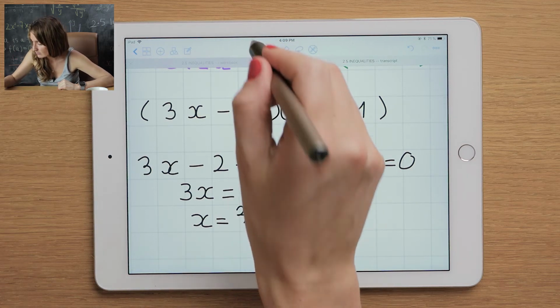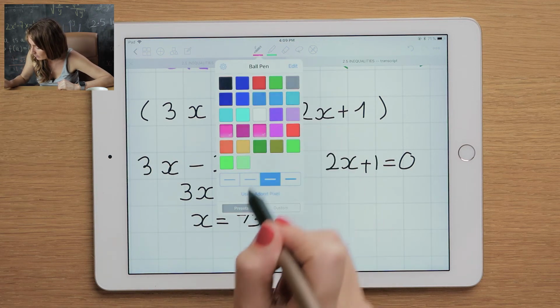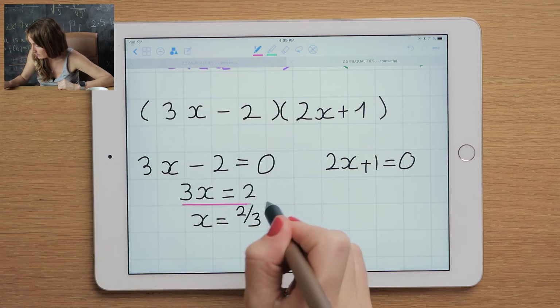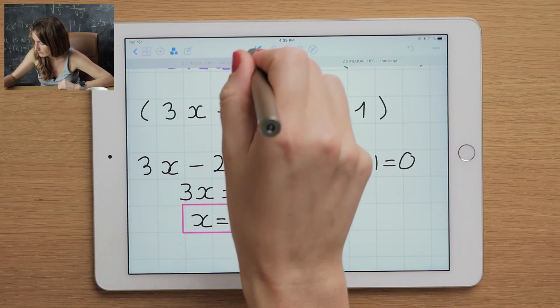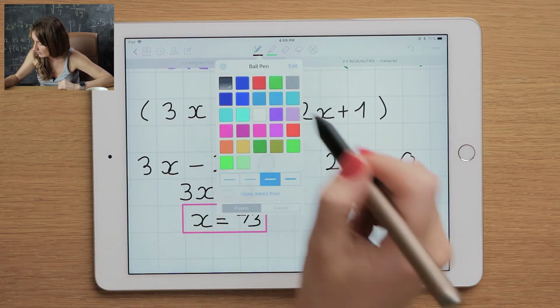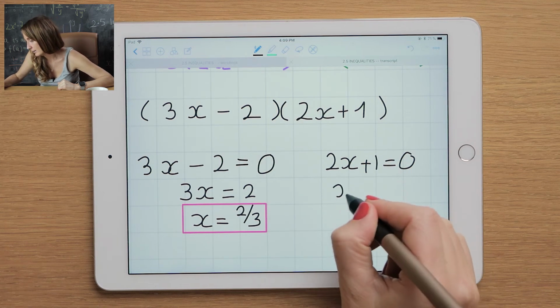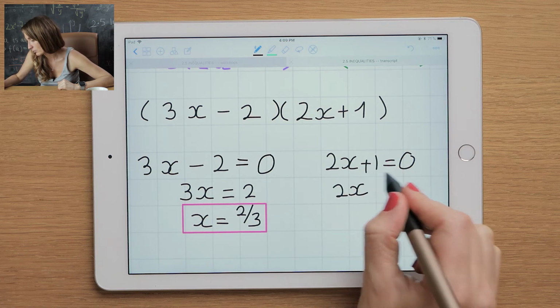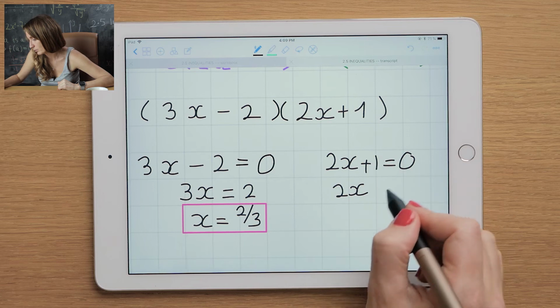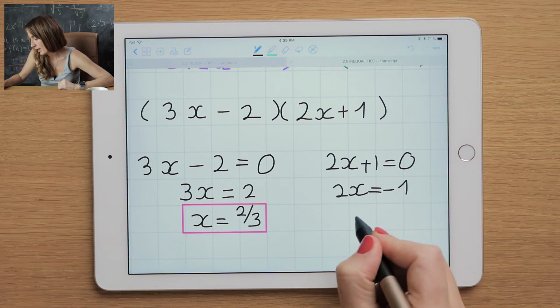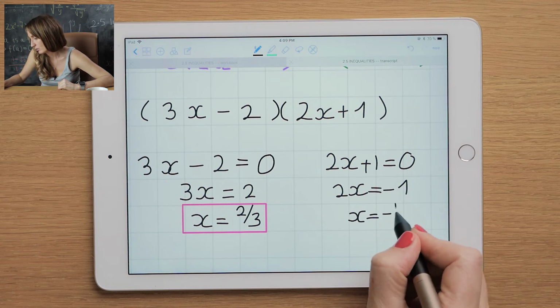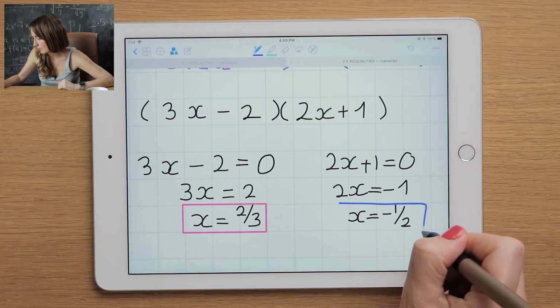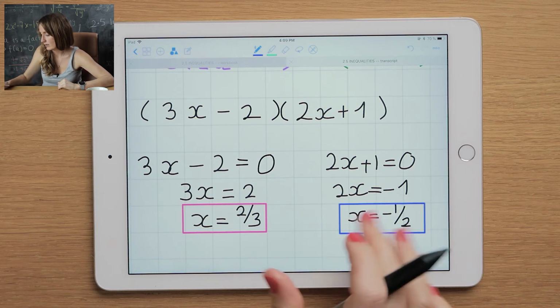So my first answer, or my pink answer, is going to be 2/3. To solve the second bracket, I need to subtract 1 from both sides, or move the plus 1 over to get minus 1. And I need to divide by 2. This can be my blue answer.